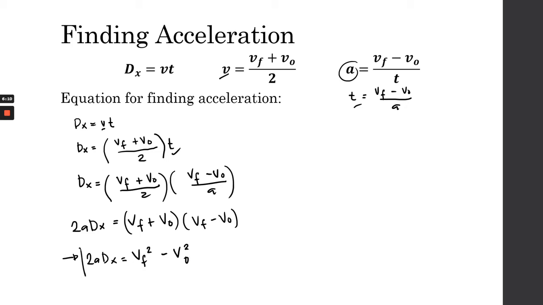So that's how we derive this equation, and we can use it if we want to find displacement, acceleration, or your initial or final velocity. So that's the equation right there.